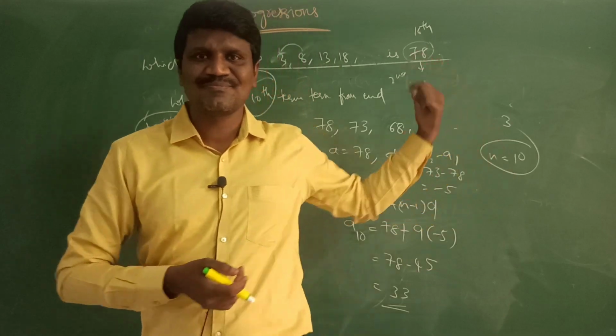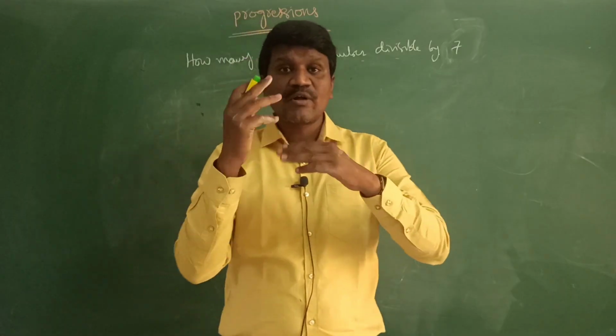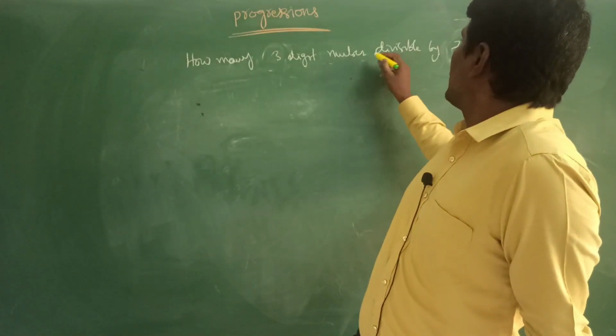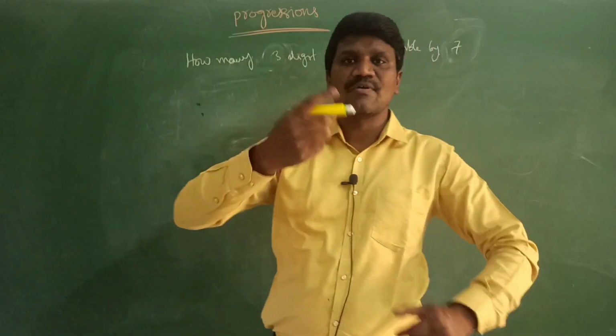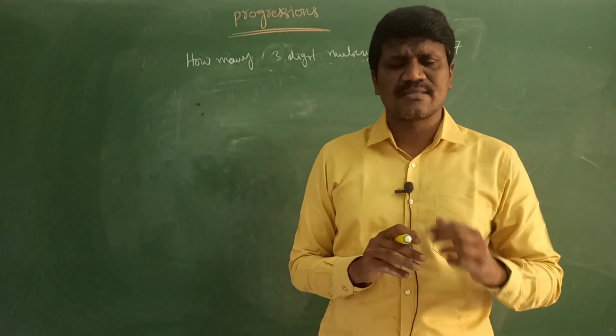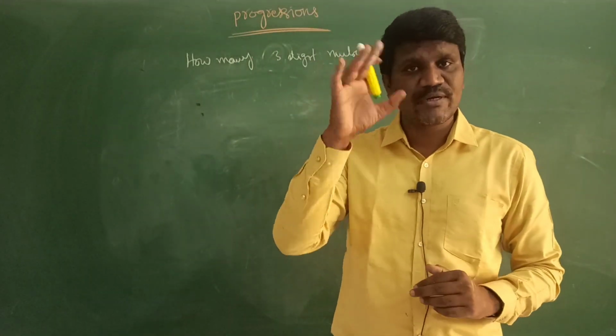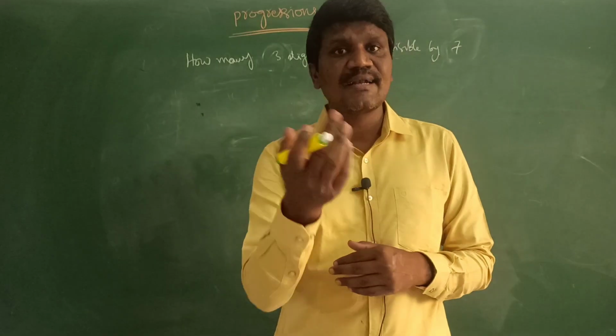Okay students? Now one more type of question in arithmetic progression is, how many 3-digit numbers are divisible by 7? So directly they'll ask a question like this. For this case, what you need to do is, first, what are all the 3-digit numbers?